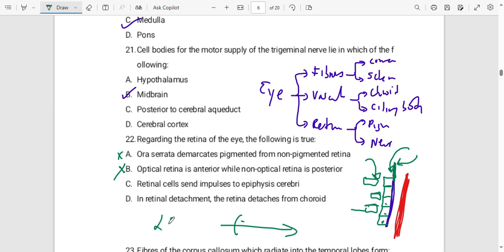No, we go first to the LGB, and then to the occipital lobe. Not to the pituitary gland. There is no connection there. Is that fine?